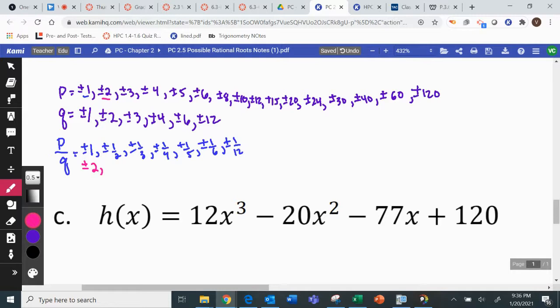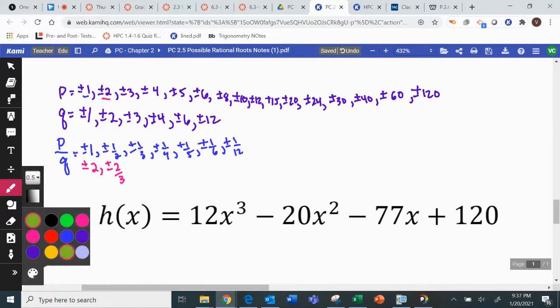Now 2 over 3. I do not have 2 over 3 yet. 2 over 4 is a half, and I already have that one. Next is 2 over 6, that is 1/3, and I already have that one. Then 2 over 12 is 1/6, and I already have that one. So for 2's, that's all I was able to find.